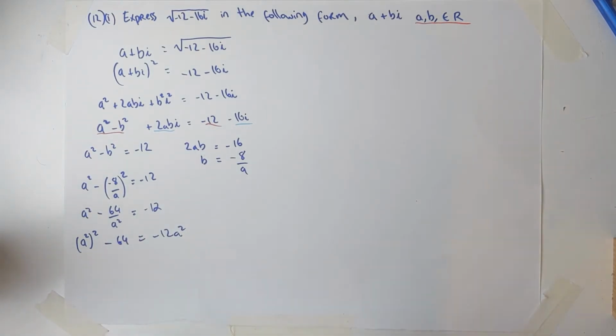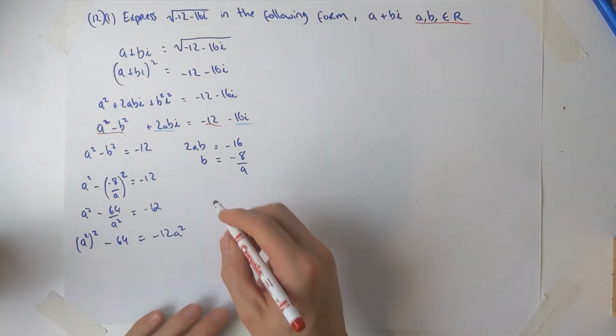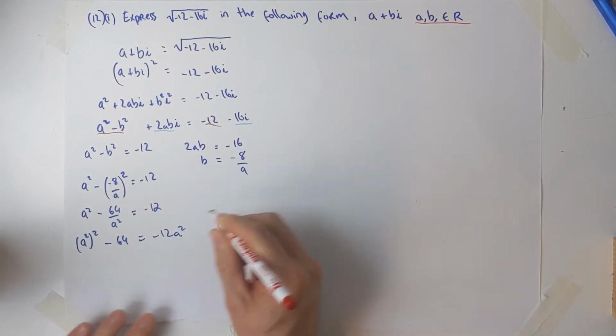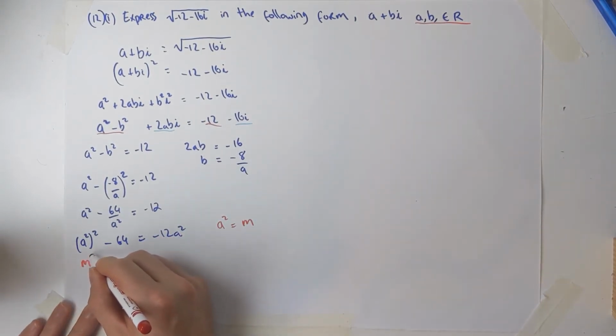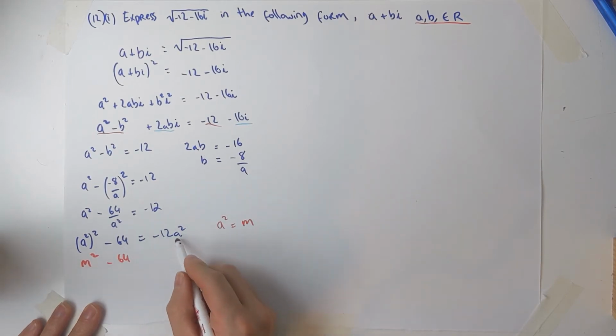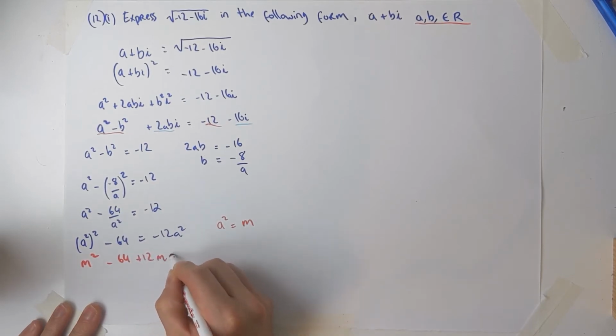So if you can't see your quadratic at this stage, you can do some substitution and say a squared is equal to m. So what you have is m squared minus 64. This minus 12a squared is really minus 12m, comes across to become plus 12m.